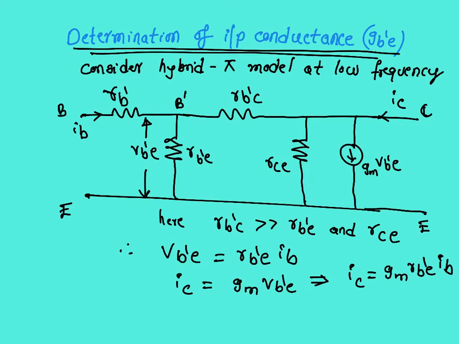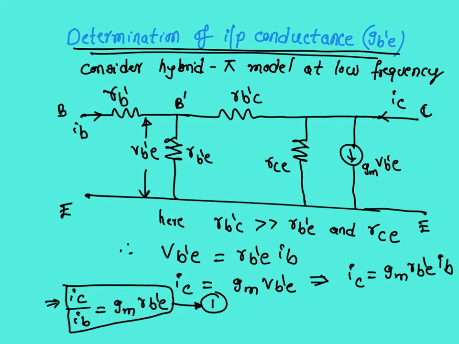Therefore IC by IB can be written as GM into RB dash E. Consider this as equation 1.